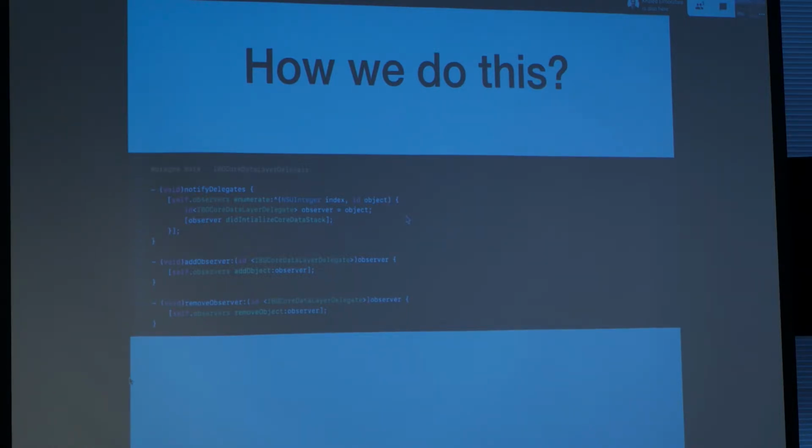Another crash that can happen here is if you enumerate on an array while you are inserting a new value. It will crash due to an exception called mutation while enumerating. I don't remember the specific exception name. So you have to make sure that your mutable array is thread safe.